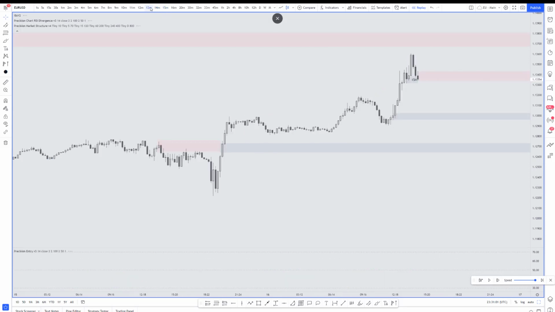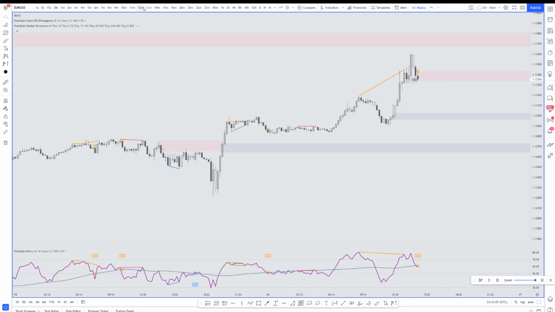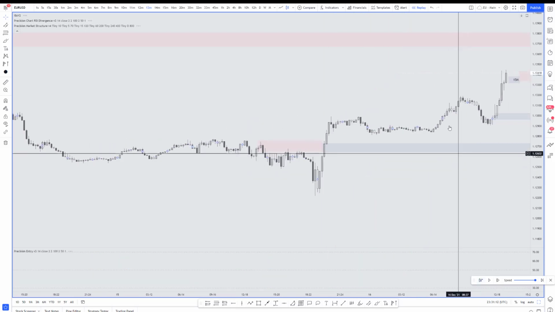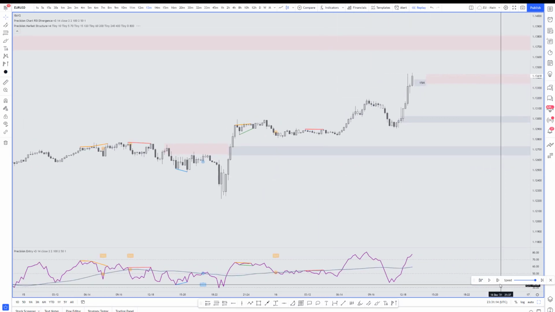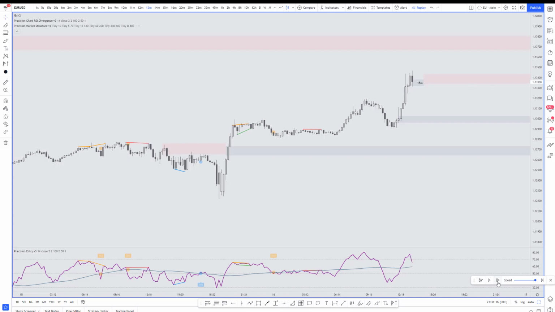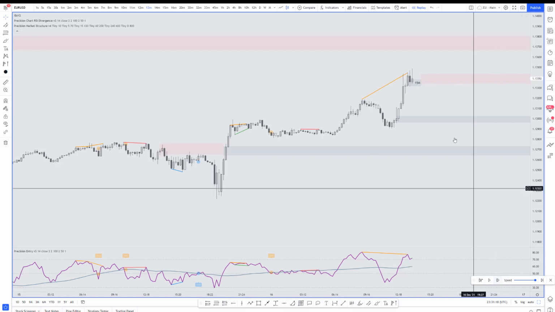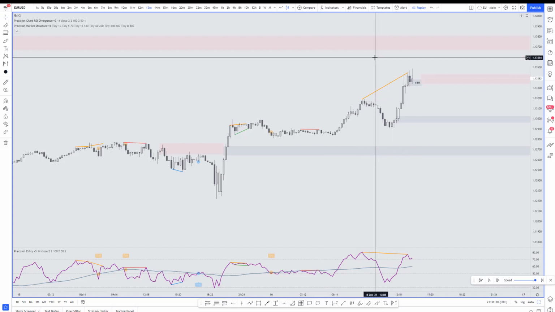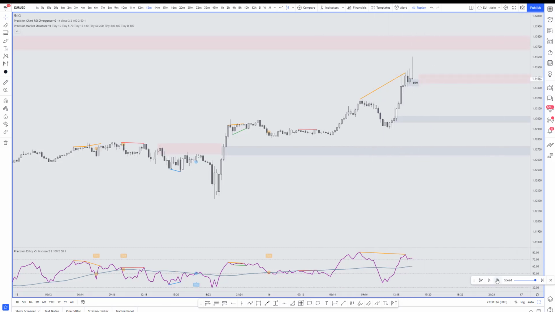I'll bet you it'll show up. 13-minute. We get a divergence shown here. When did that divergence show up? So right here the divergence showed up 2 candles before the actual short happened.